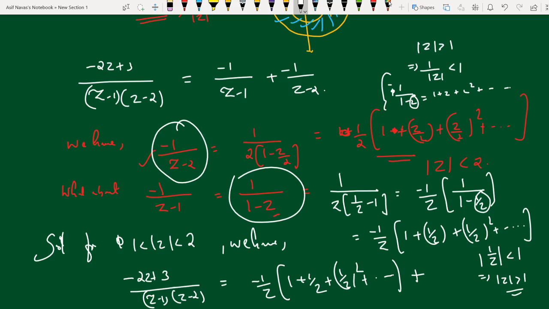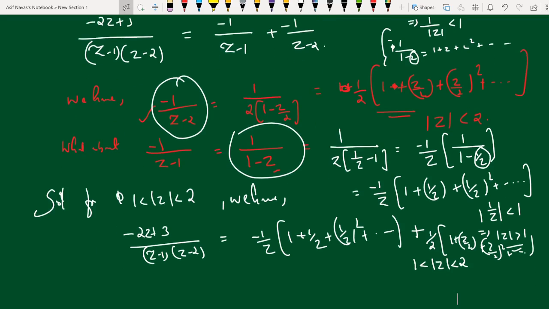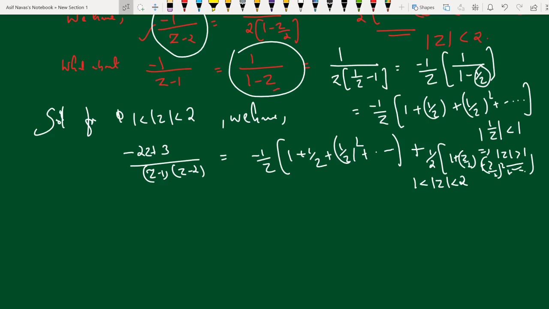So this expansion, that is 1 by 2 times 1 plus z by 2 plus z by 2 square plus etc. And this is valid when 1 less than mod z less than 2. So this will be all the Taylor series and Laurent series.